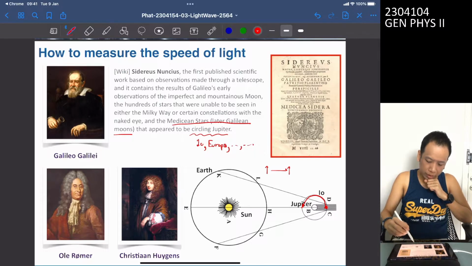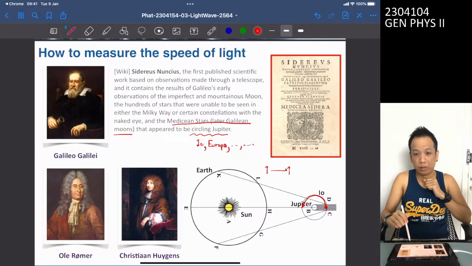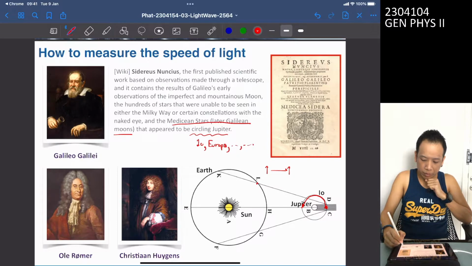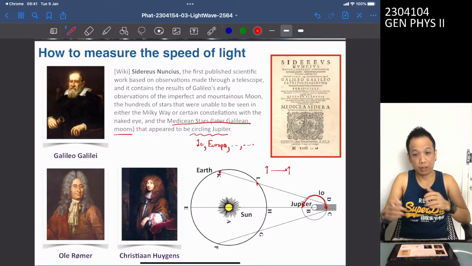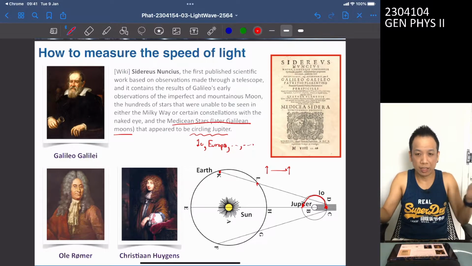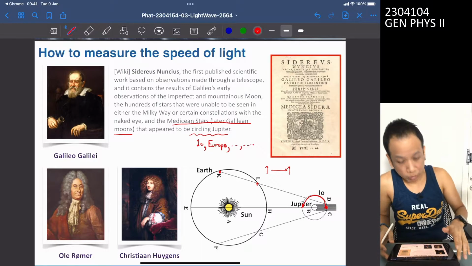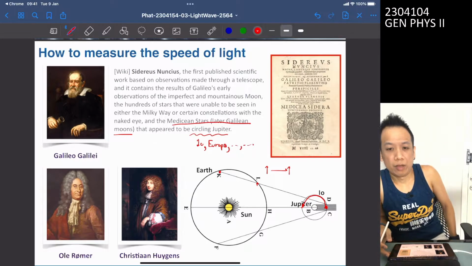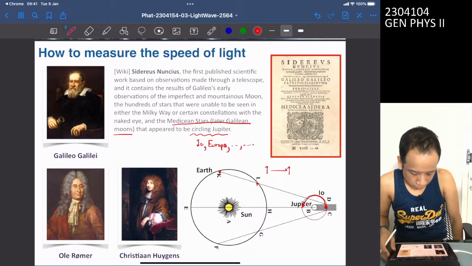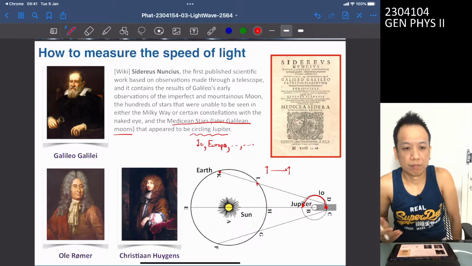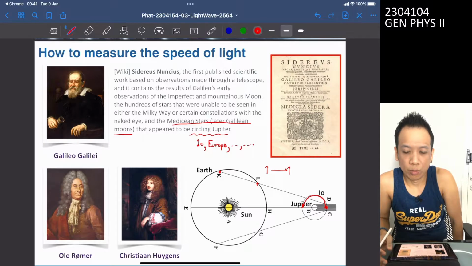And as you know, the earth moves, so the distance the light travels from Jupiter to the earth differs. Romer started to see a deviation in that. However, he didn't realize that this was a way to measure the speed of light, following his work.